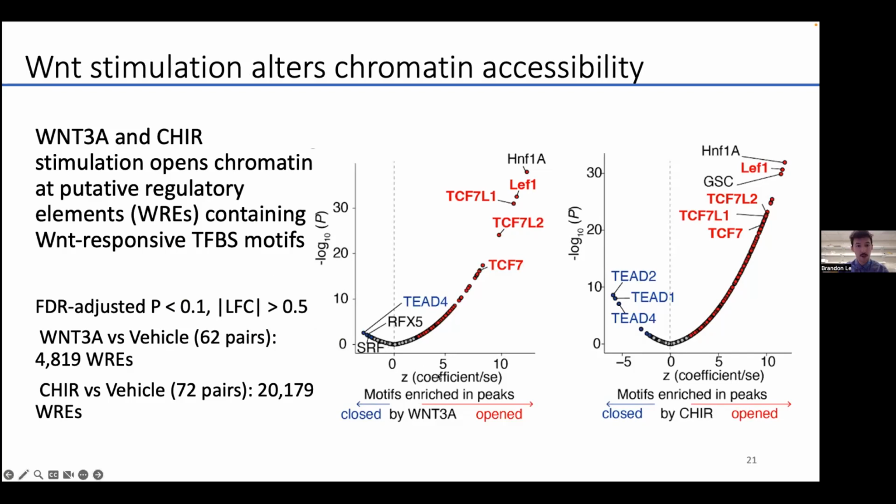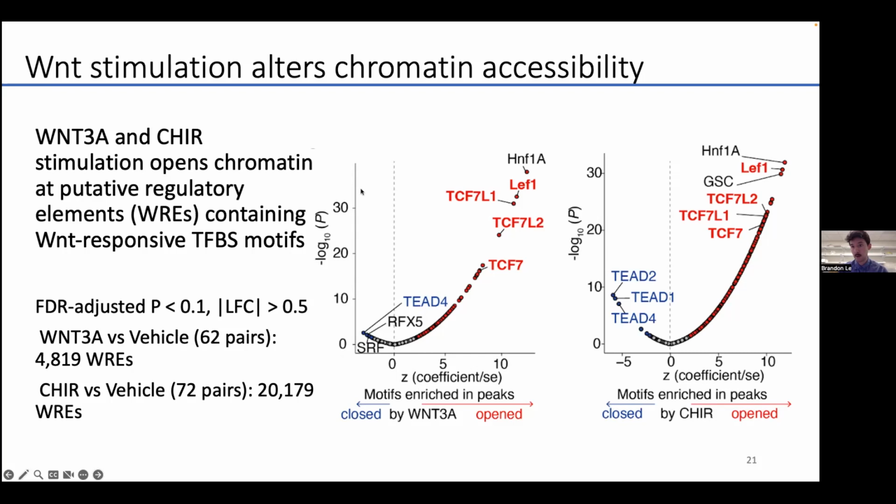What these plots are showing is the enrichment of transcription factor binding site motifs within these changing regions of chromatin. To the right are the regions that open in response to Wnt, and a smaller number of these closed, and these are depicted to the left of these plots.